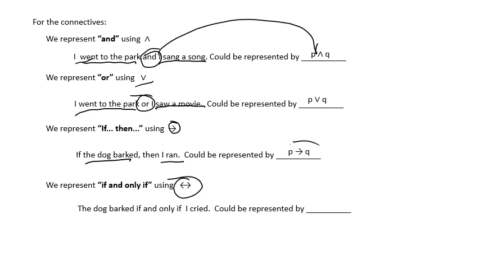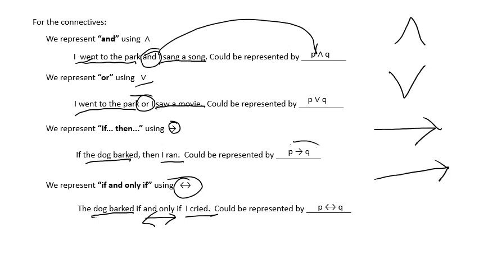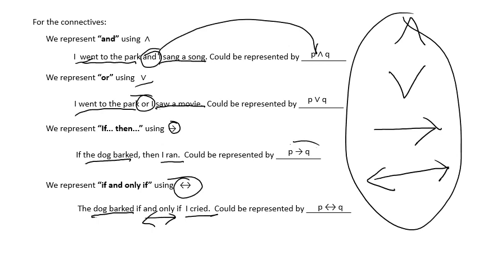So the dog barked if and only if I cried could be represented by P, double arrow, Q, and that's how we could actually represent that statement. So you need to know that these symbols mean and, or, if then, and if and only if. You need to be able to recognize those symbols.